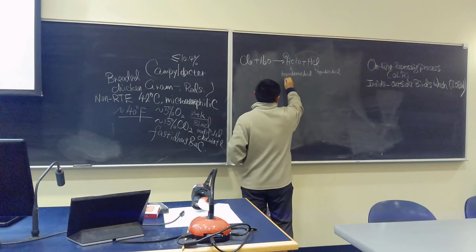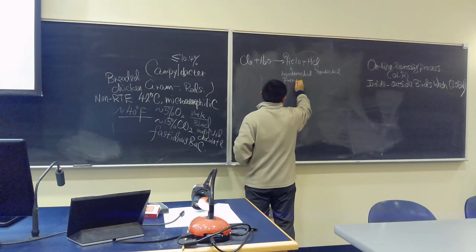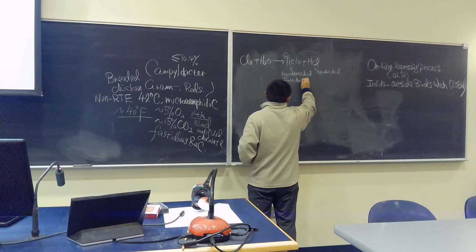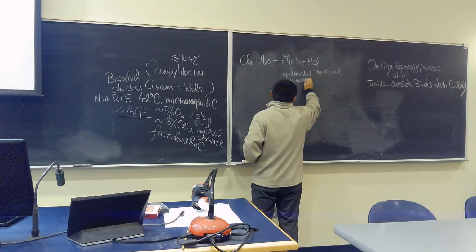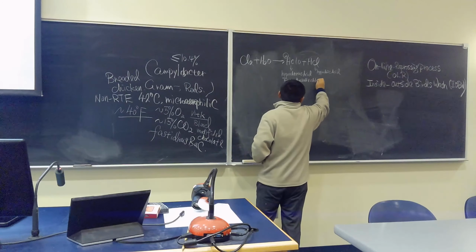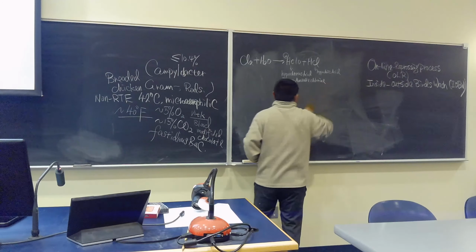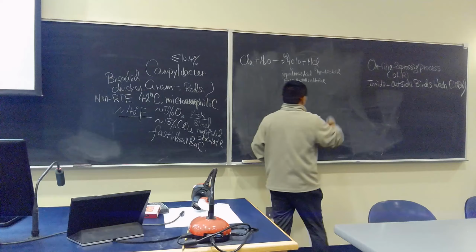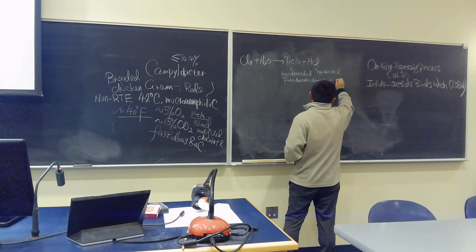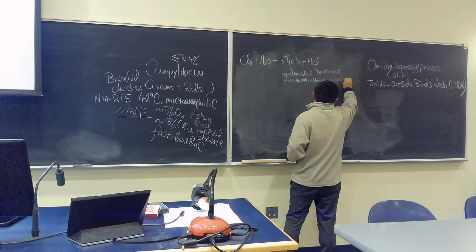Hypochlorous acid is, we say, free available chlorine. This target here, the concentration, is 40 to 50 parts per million, ppm.